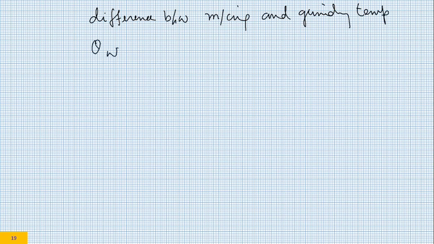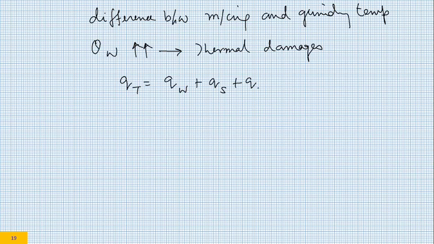We know grinding workpiece temperature is rather high, which can lead to thermal damages. We also know that the total heat flux in grinding gets apportioned or divided between four things: workpiece, wheel, fluid and chip. Currently we are doing dry grinding.